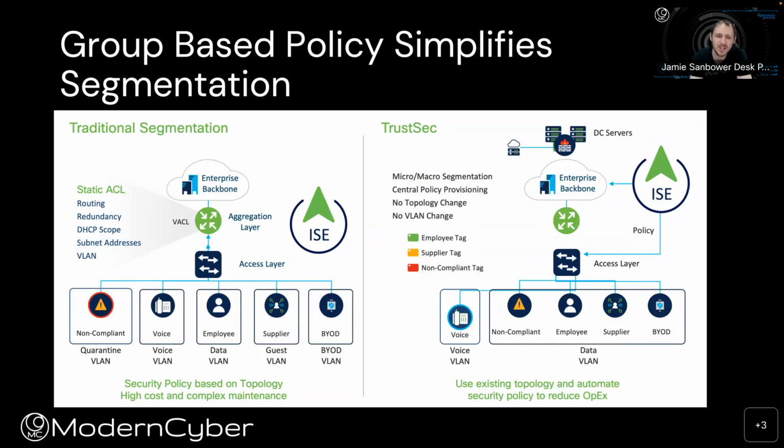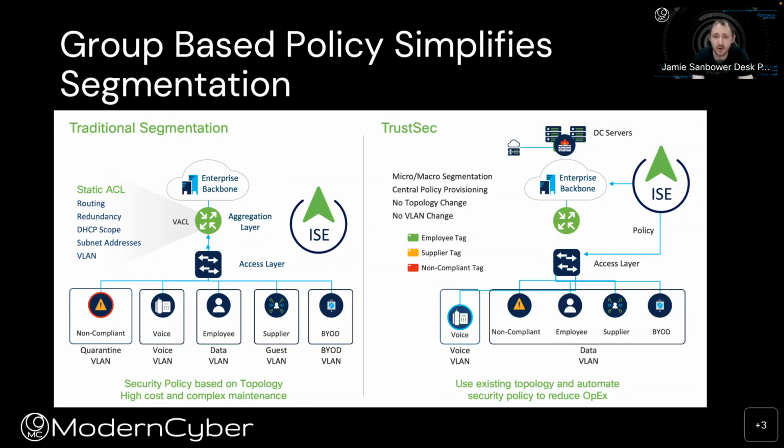The biggest challenge with segmentation in the past is 10, 15, 20 years ago, if I wanted to create segmentation for an enterprise network, I would have to talk to the network team. I would have to create a brand new network for that use case. So, hey, we have a voice VLAN, a data VLAN. Now we need BYOD support. We got to add a new BYOD VLAN.